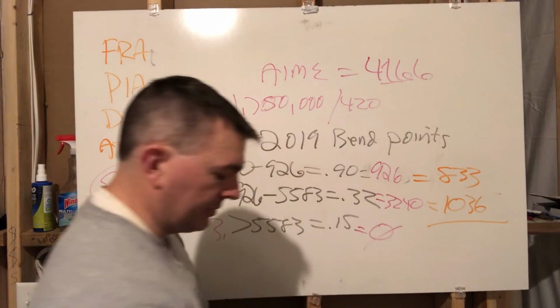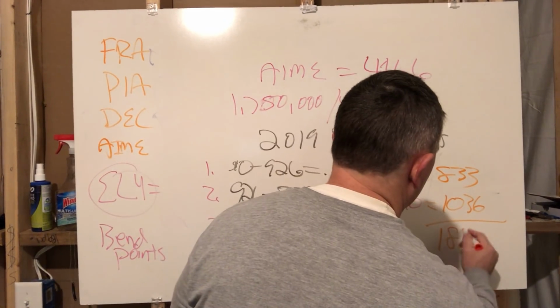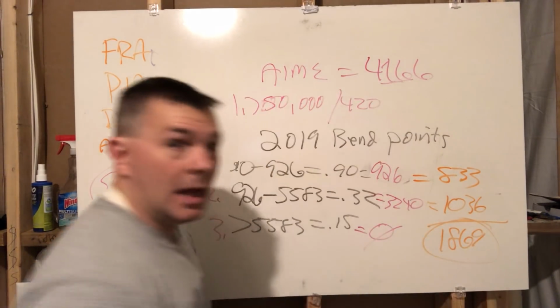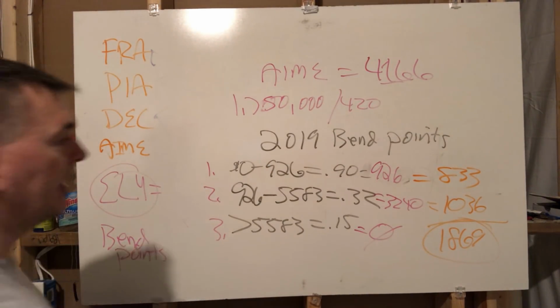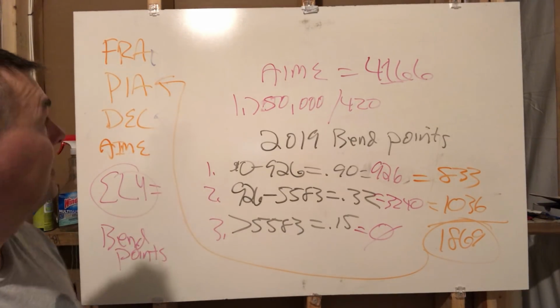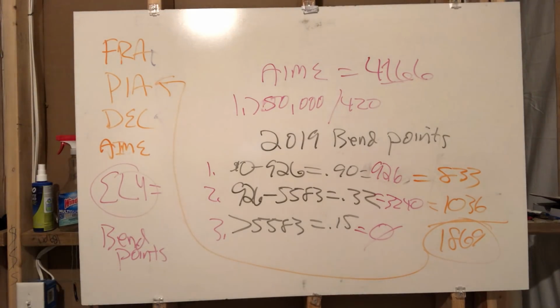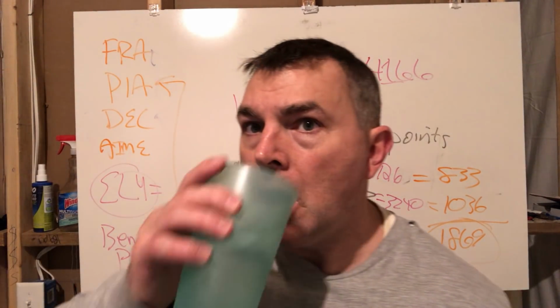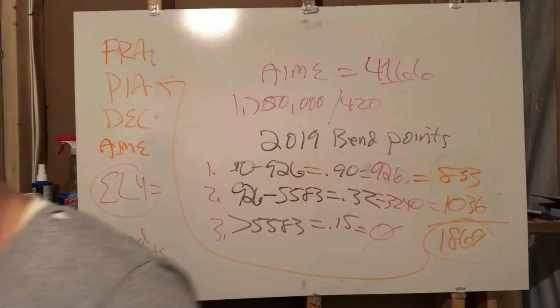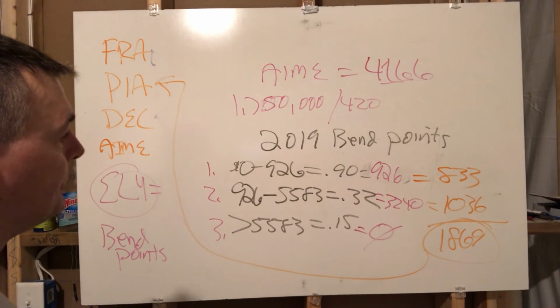We add those together, 1869. Now, what does 1869 reflect? That is our PIA. 1869 is our primary insurance amount, which again is the amount you get at when? At your full retirement age. That's correct. I hear you out there in YouTube land.